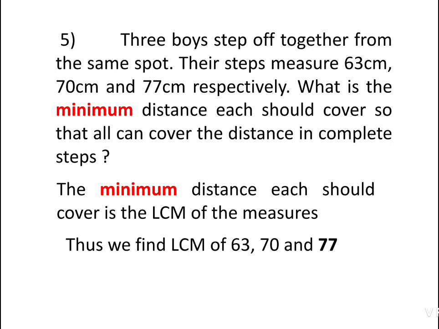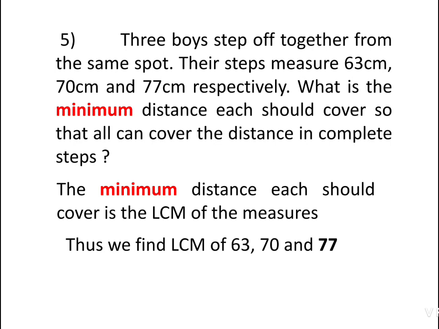The word minimum is in red color. You can see, minimum means smallest, shortest. When these words, minimum, shortest, smallest, come in our word problem, we want to find the LCM of the numbers.